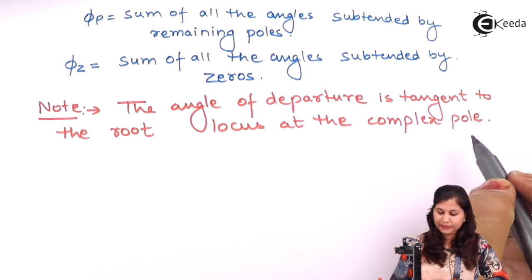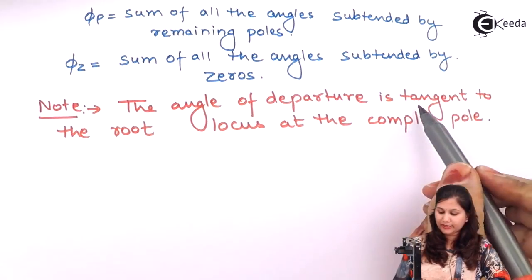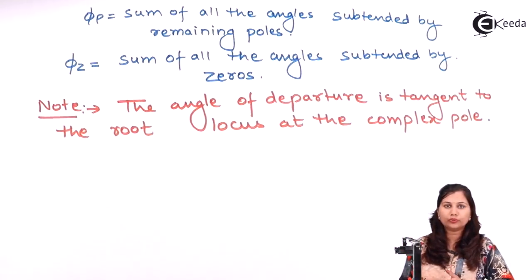Okay. So for a complex pole, the angle of departure is tangent to the root locus.